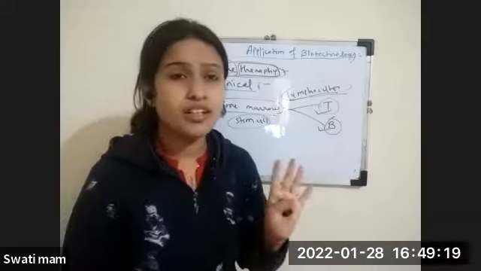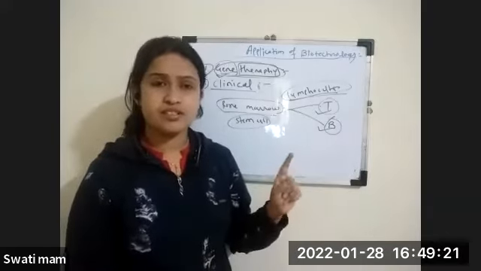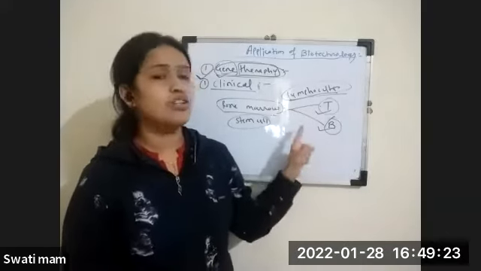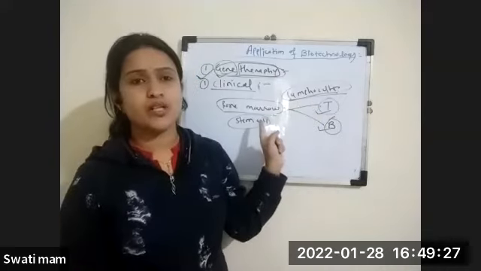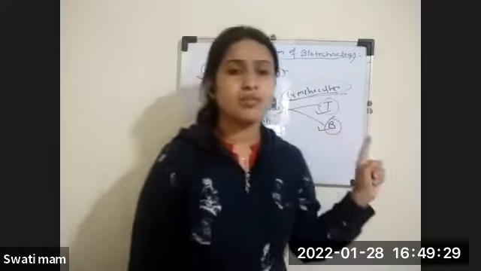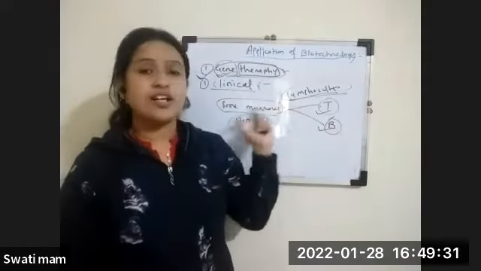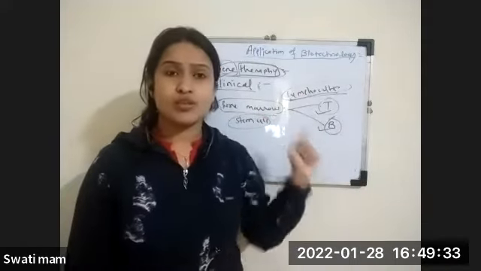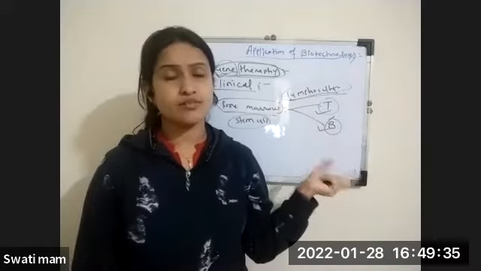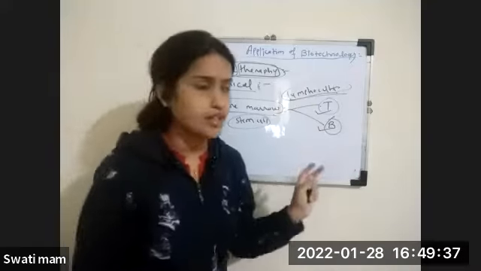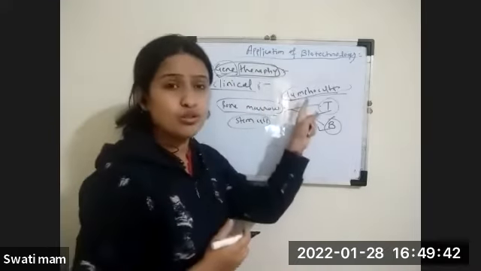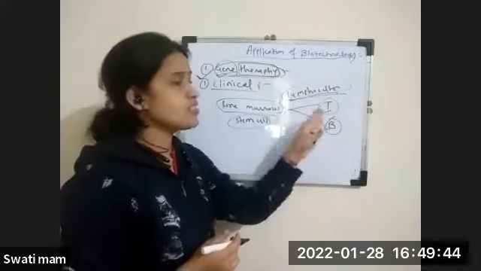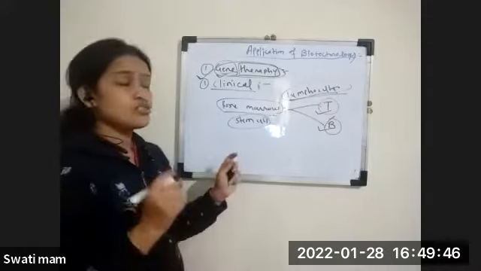See, if your Human Health and Diseases chapter is completed, then you know what a lymphocyte is, what the types of lymphocytes are, what bone marrow is. Because in that chapter everything is given, that is, what exactly the immune system is, what an antigen is, what an antibody is, and all. So I am assuming that you all know what a lymphocyte is and what T and B cells are.